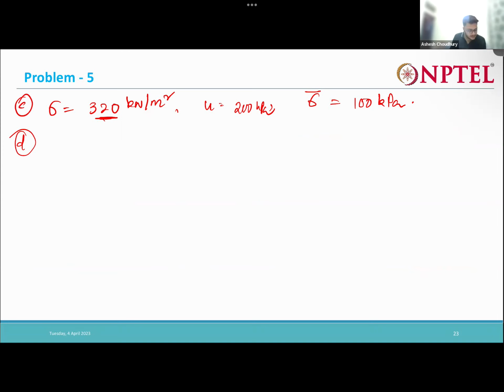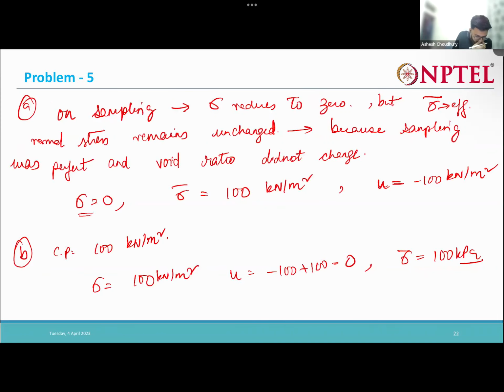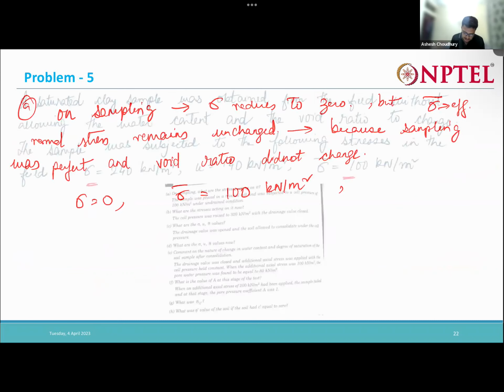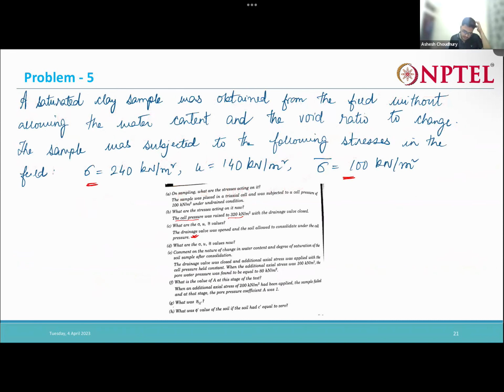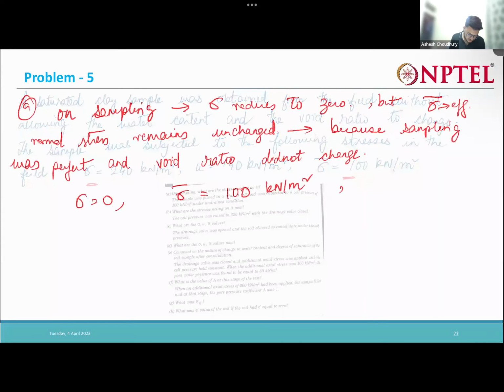Just a second. Okay, there might be some problem in the solution. I think the solution is not correct, I guess. Cell pressure.